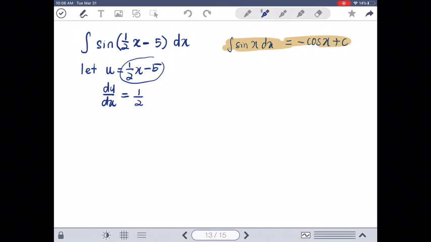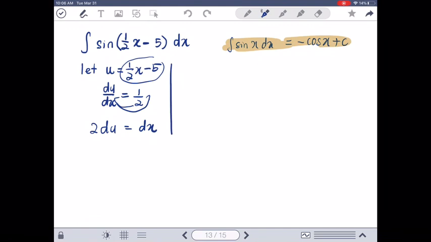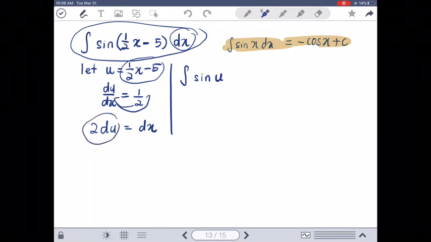Cross multiply, we bring the 2 to the left-hand side, so it becomes 2 du equals dx. Then we substitute into the original function, so integration of sin u multiplied by dx is just equal to 2 du.